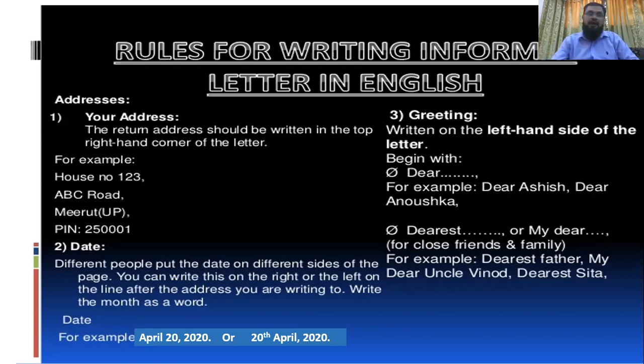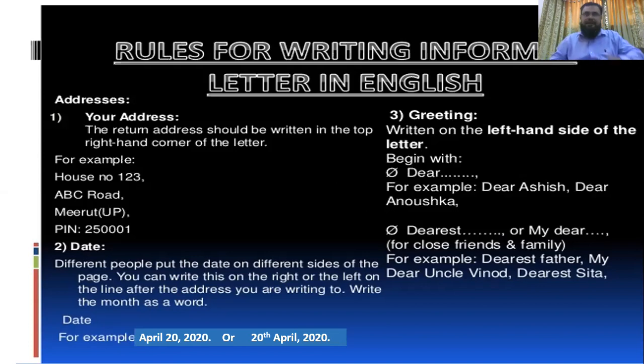Or if you want to write the date first, 20, then you use 20th, like 21st, second nd, third rd. So April, then comma, then 2020, then full stop. So you can use any of these, but I recommend you don't use another format. Students write in numbers or with slashes and dashes. Don't use the numbers, and this is a proper official format for writing the date.